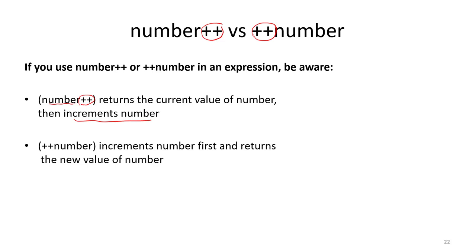Plus plus number, on the other hand, will increment first and then return the value of that number. So it's a small but subtle difference. So if you're debugging some code and you notice the placement of the plus plus operator, make sure that it is placed in such a way that you are not creating any sort of bugs or problems in your loop program.